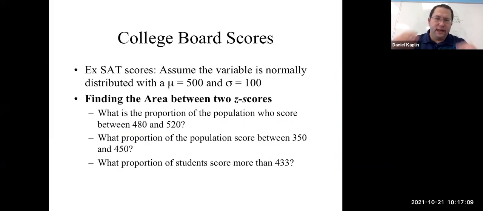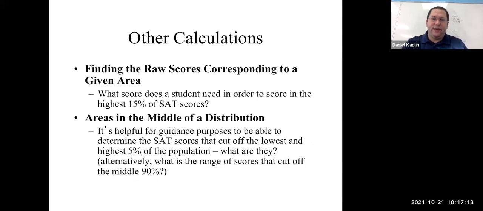So the final challenge is to calculate a raw score relative to an area given. So if I were to ask you, what score does a person need to get in order to be in the highest 15% on SAT scores, right?